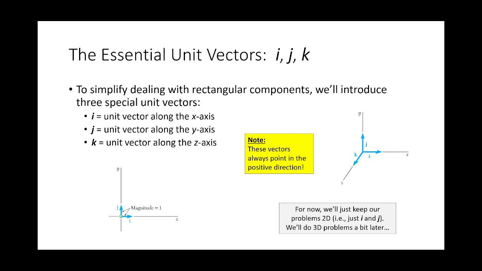For instance, the definition of the i vector is a vector that goes along the x-axis and has a magnitude of 1, and the j vector is a vector that goes along the y-axis and has a magnitude of 1. For 2D problems, we're just going to use i and j. We'll throw in the third dimension a little bit later. And then that gives us a standard way of referencing all of our vectors.